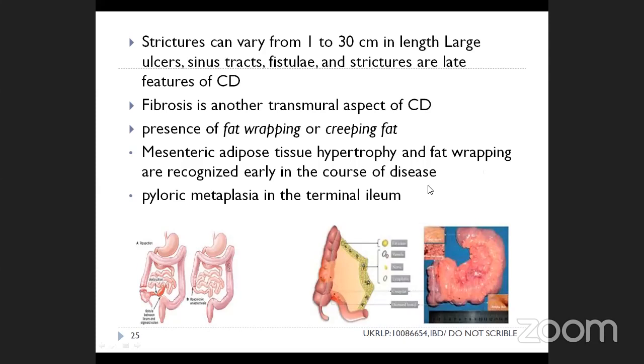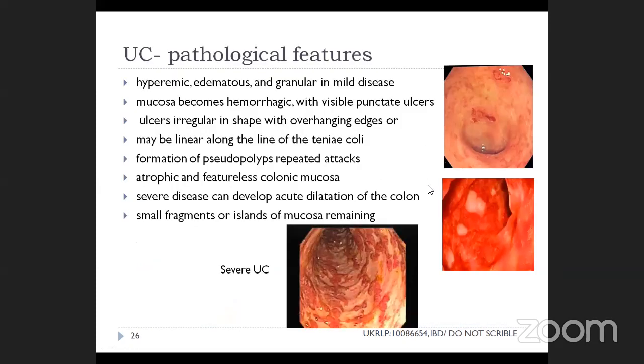And coming on to ulcerative colitis and its gross pathological features, as I said earlier, the involvement is of the mucosa, and there won't be any involvement of the muscular layer of the colon.